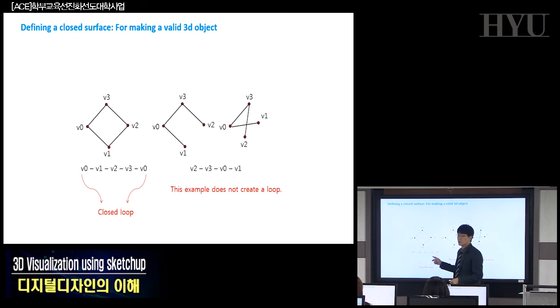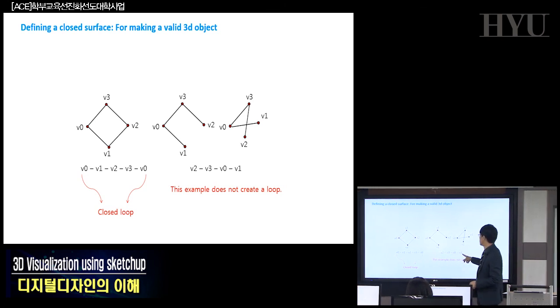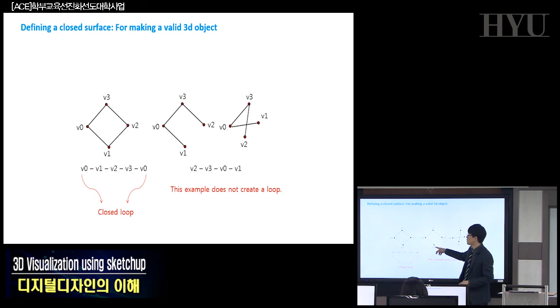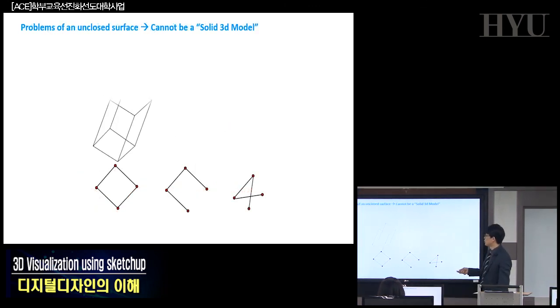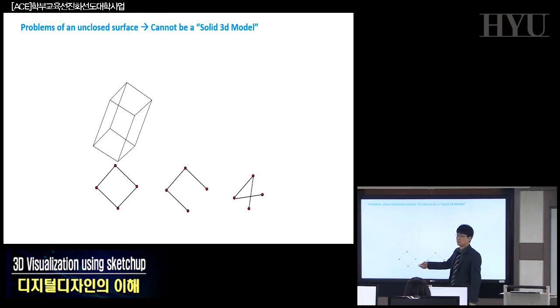Closed loop, closed topological definition gonna make this kind of closed 2D shape. How about this one? V2 through V1, it's not closed. Also, this one is not closed, even if some closed part is here.